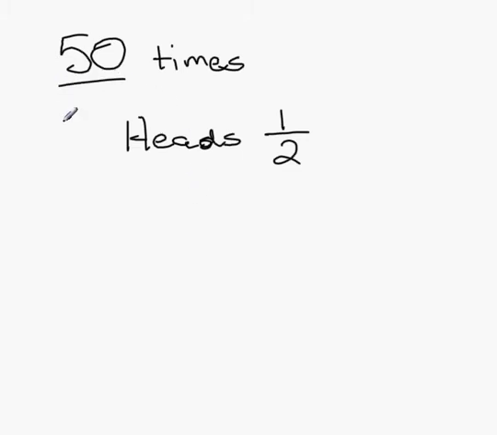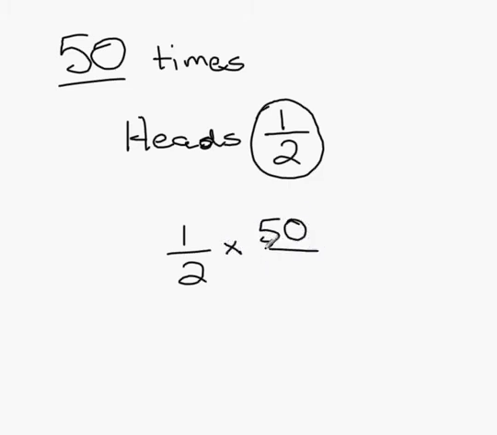Well, if you flip it 50 times, and the ratio is 1 out of every 2 times it comes up heads, you would take this, and basically this turns into a multiplication of fractions problem. So you would multiply it by 50.